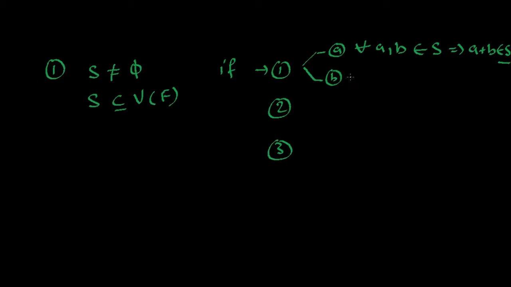The second condition says that for all vectors a from S and an element x from the field F, we have the element multiplied by the vector, x a, in S. So for any arbitrary vector of S and an element of F, we have the multiplication of these 2 elements x and a in S. If these 2 conditions are satisfied, then we can say that S is a vector space.